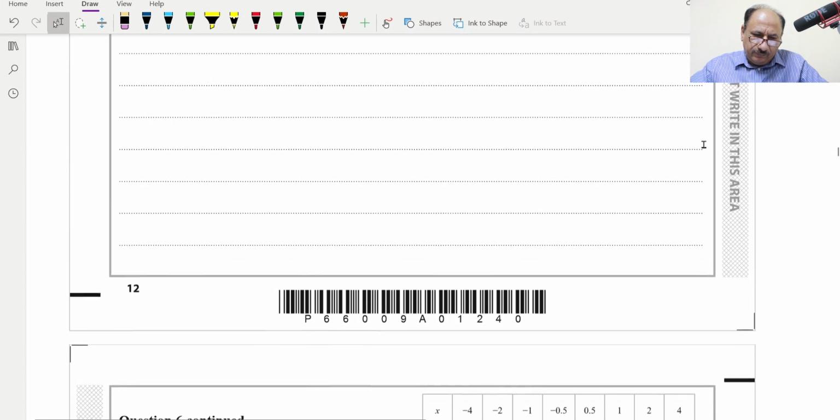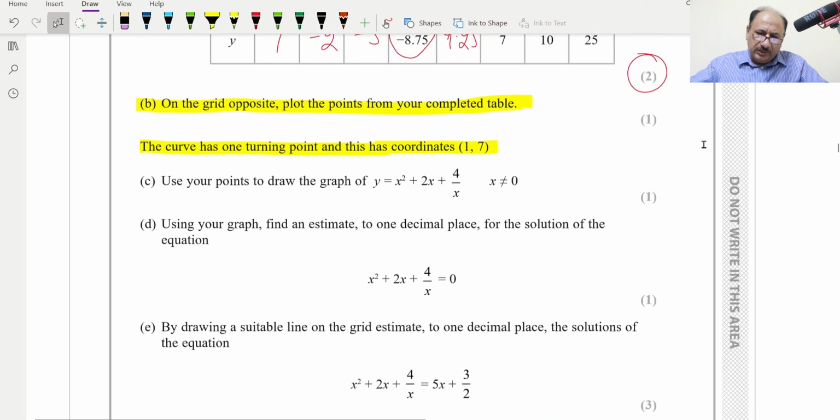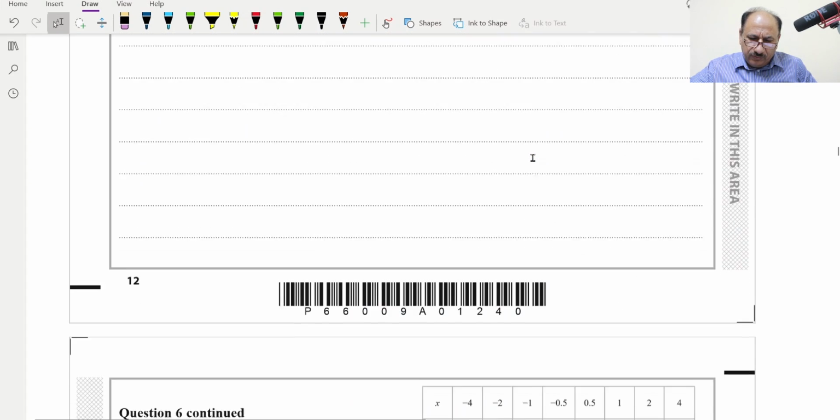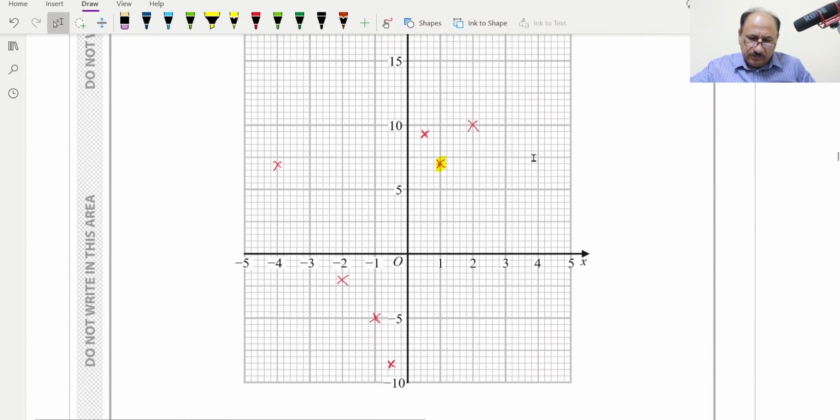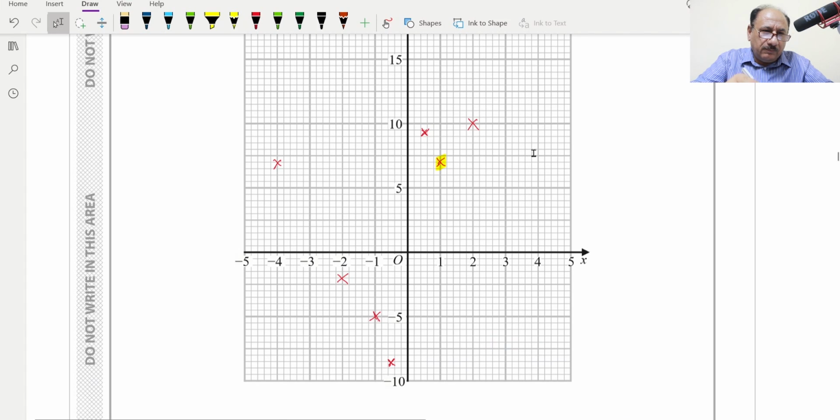Now we have to check the next requirement, which is: use your points to draw the graph of this one. So whatever points we have plotted, we have to complete the graph, and for completion of the graph we can use this green color. We can start from here. We have to draw a smooth curve, and the smooth curve will be like this.